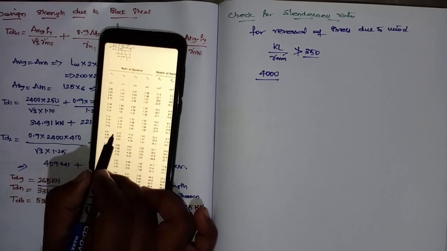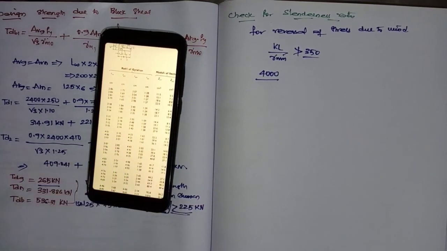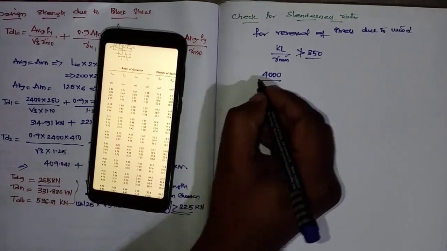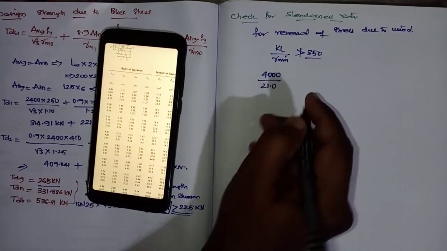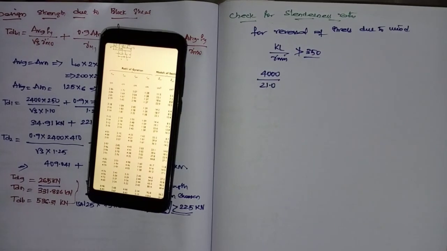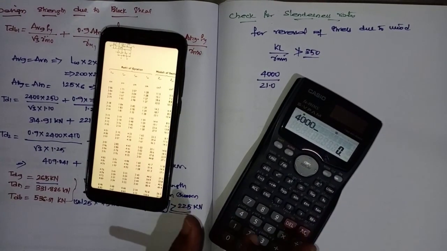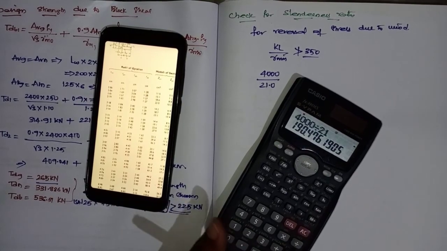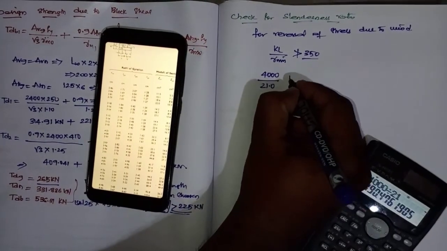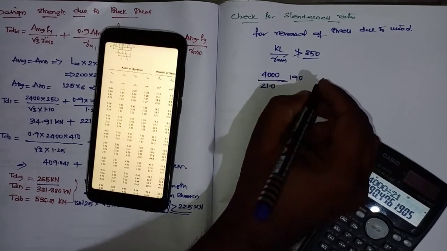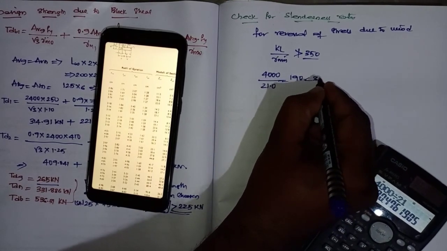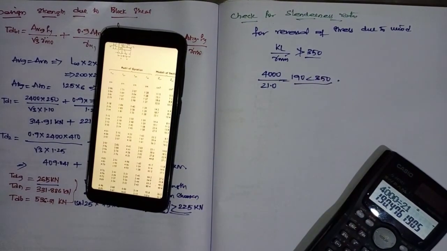This is 40 and this is 21. So I am choosing 21 minimum, r minimum. So how much is it? So 190, which is less than 350. Hence our section chosen is satisfying all the conditions.